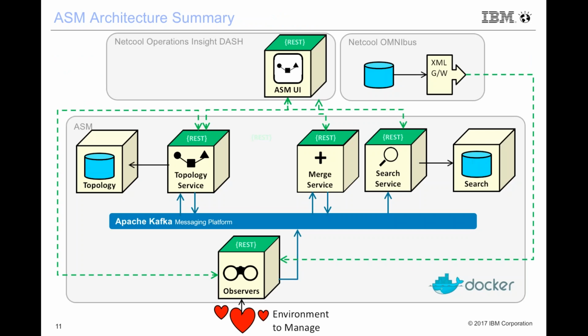Okay, so this is the general architecture of ASM. Right at the top we've got the stuff you should be more familiar with, which is Dash. Into Dash we install the ASM UI, which we'll see later on. And then there's Omnibus. In order to integrate with Omnibus, we require the XML gateway to be configured to send us events.